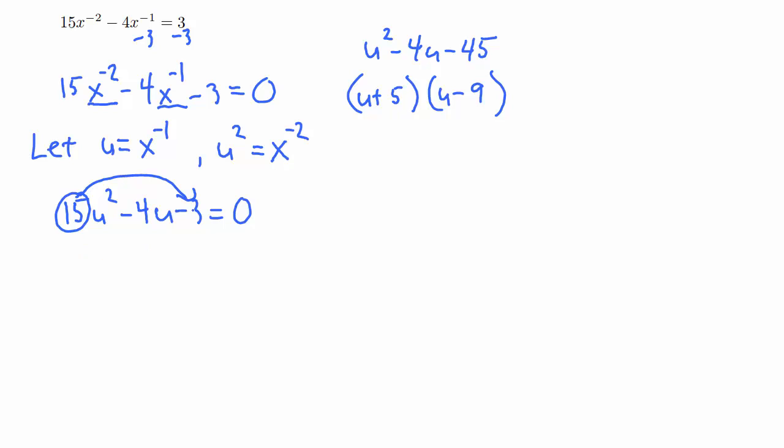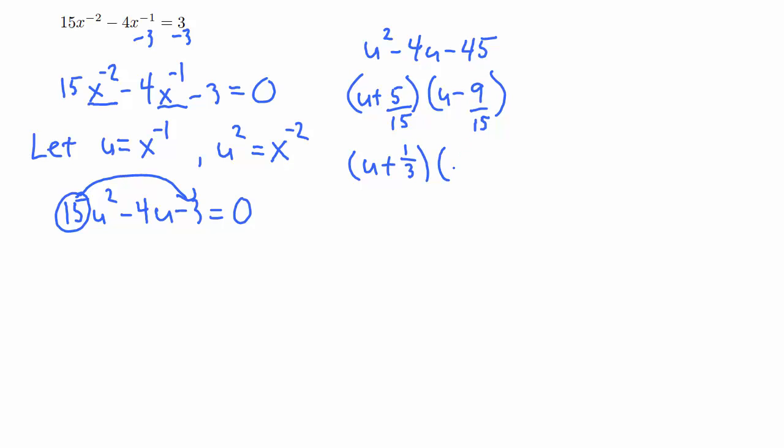Now because you've multiplied the last term by 15, you need to divide by 15. This is a step that a lot of people forget. So please, when you do this, remember to divide. So u plus, and then simplify, 5 over 15 becomes 1 over 3.